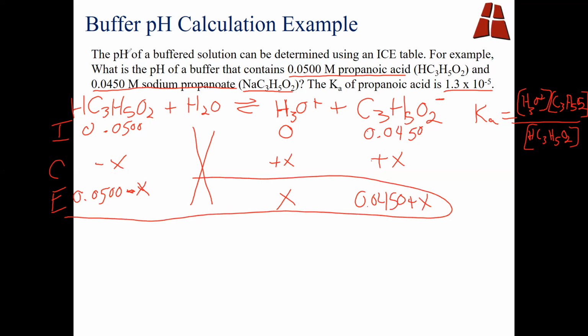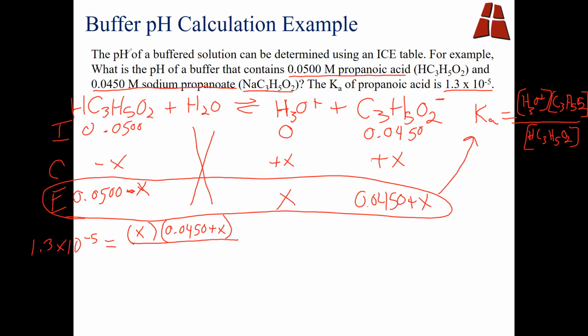Okay. Then same thing that we did before. We take what's in our equilibrium row and we plug it into our Ka expression, as well as plugging in our Ka value. And so when we do that, I got values of 1.3 times 10 to the negative 5 is equal to x times 0.0450 plus x, and then we also have on the bottom 0.0500 minus x, right?